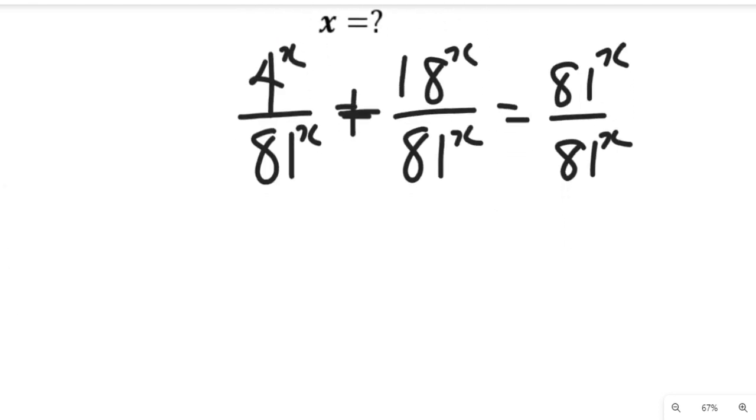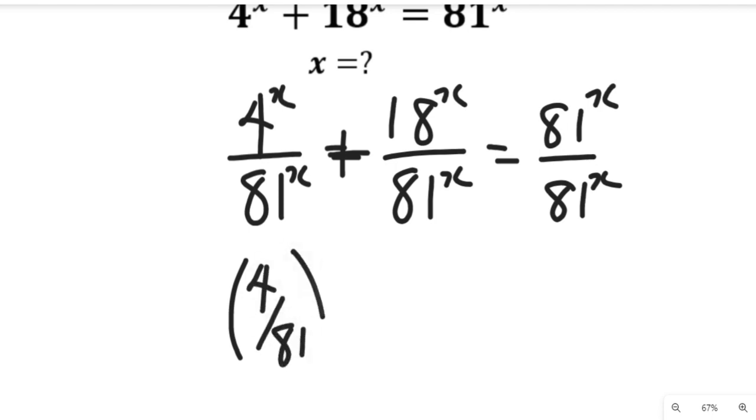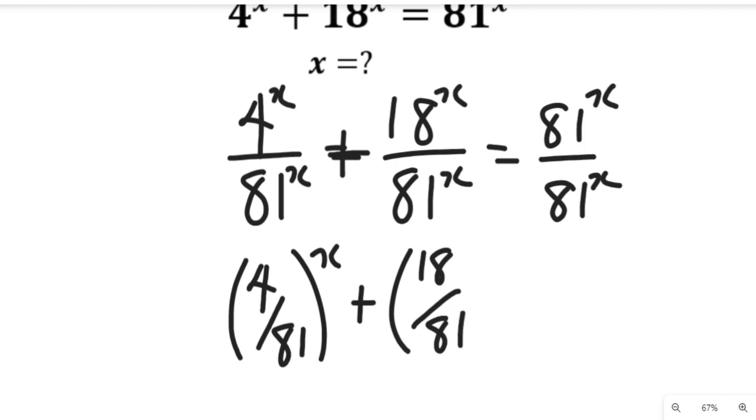Considering that, the right-hand side will be equal to 1. According to the law of indices, this will give us 4 divided by 81, all to the power of x, plus 18 divided by 81, all to the power of x, and this will be equal to 1.